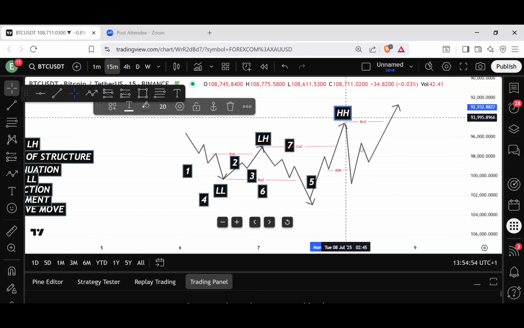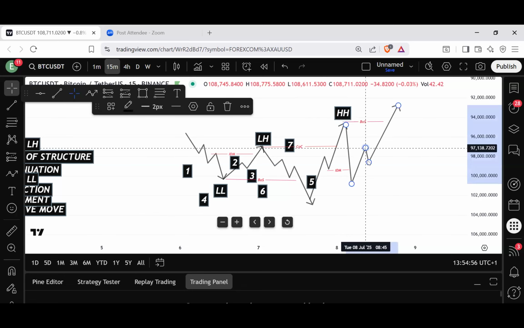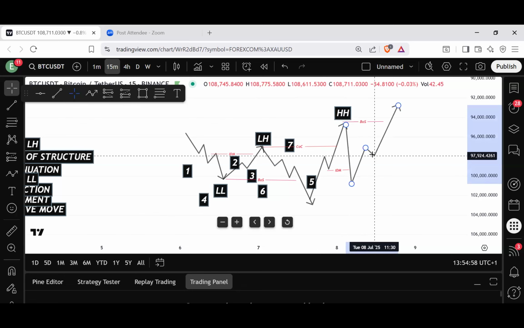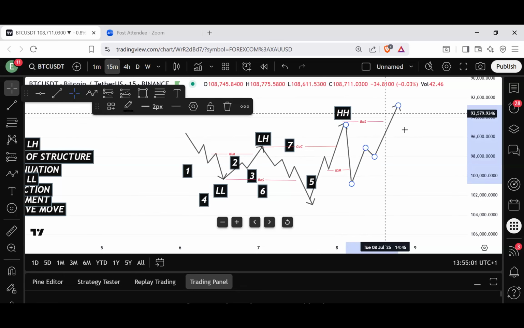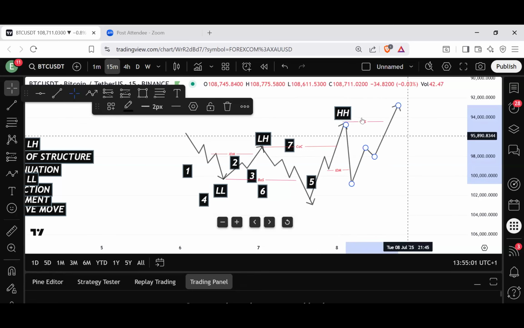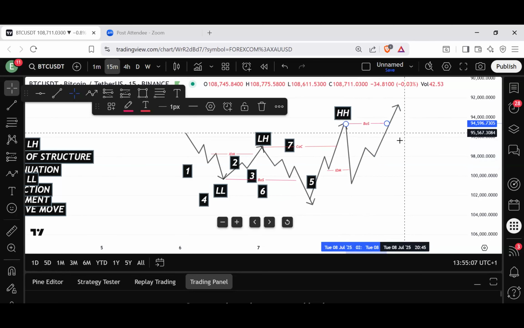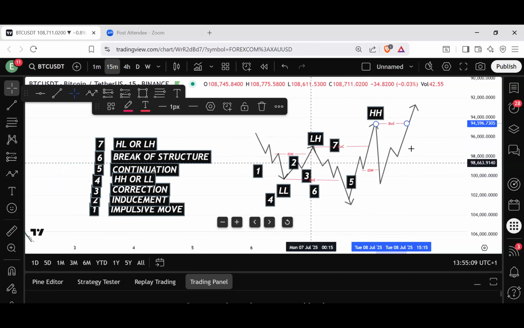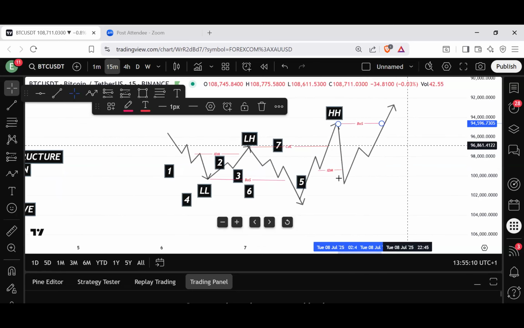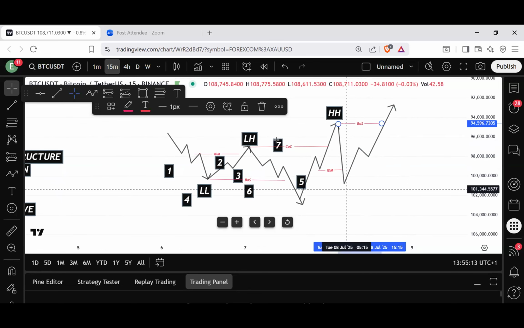Then this continuation move, that's 5. This break of structure again, that's 6. Followed by a higher low, which is 7.